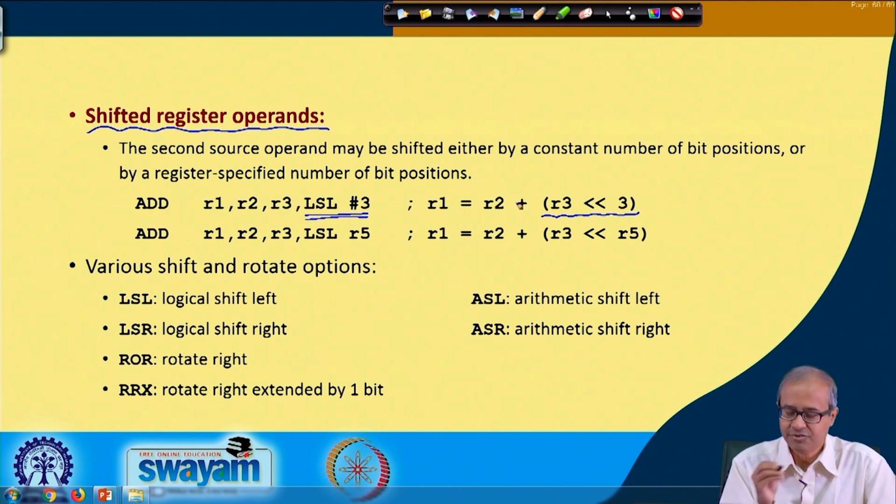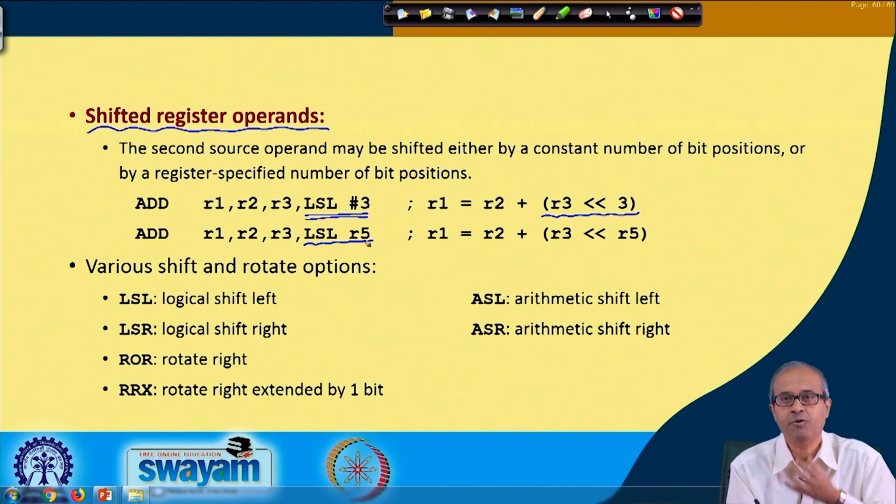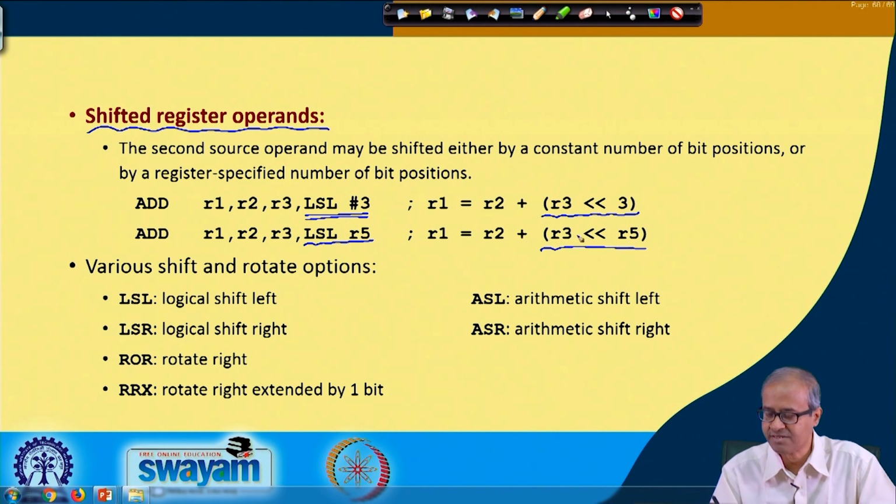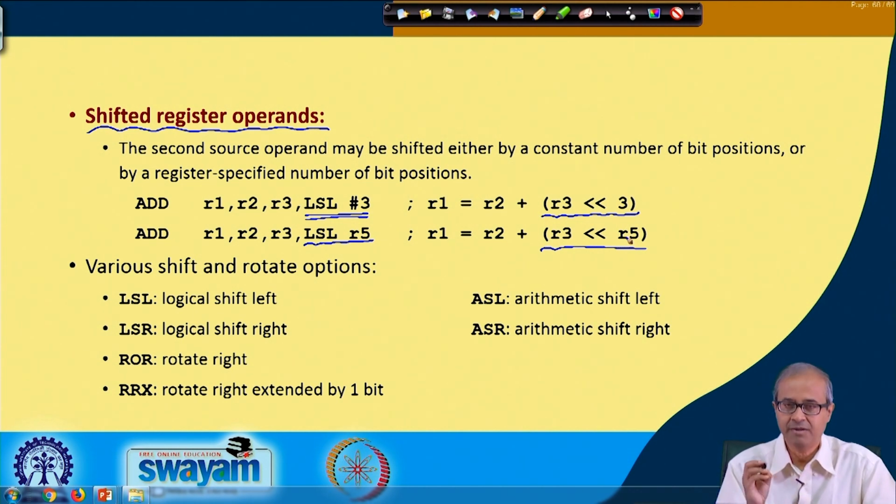Okay. So, you can specify this as a constant, how many bits you want to shift, or you can also specify some register, logical shift left R5, whatever is the value in R5, that many bits will be shifted. Let us say if R5 is 20, then it will be a 20 bit shift. You see here like this, R3 is shifted left by whatever is the value of R5, that many positions.